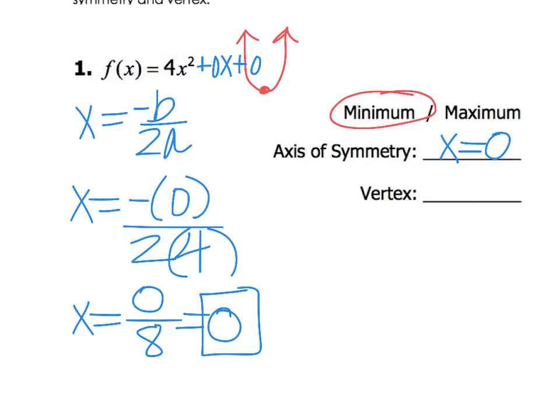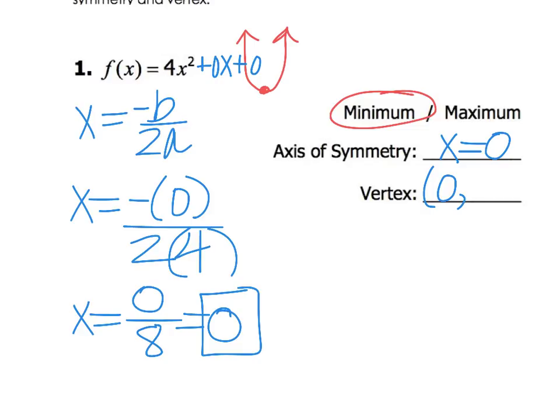All right, now if we wanted to find the vertex, the axis of symmetry is always the x value of our vertex. So we know that our vertex is going to be 0, something. Okay, so our axis of symmetry is always the x value of our vertex. Now we need to find the y value.